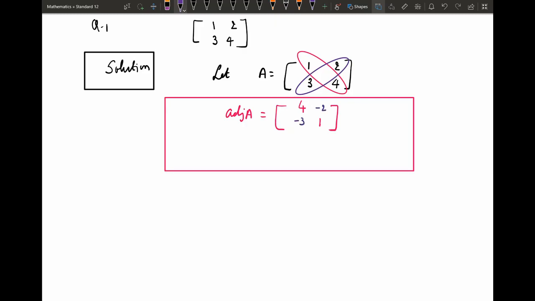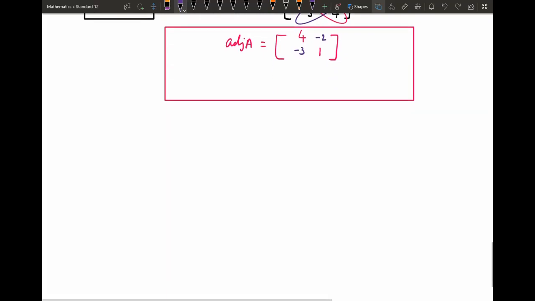This is the shortcut, only to find the adjoint in the case of a 2 by 2 matrix.